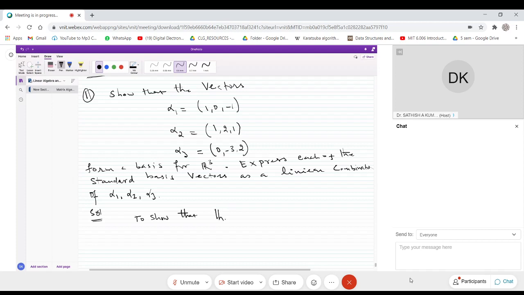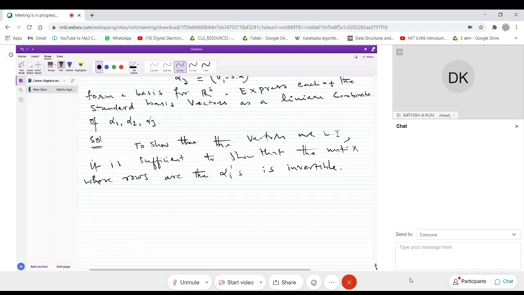To show that the vectors are linearly independent, it is sufficient to show that this alpha 1, alpha 2, alpha 3, written as rows, forms an invertible matrix.